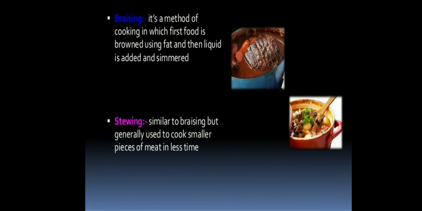It's a method of cooking in which food is first browned using fat and then liquid is added and steamed. Next is stewing, similar to braising but generally used to cook smaller pieces of meat in less time. Clear? So students, very simple language is written, you will understand.